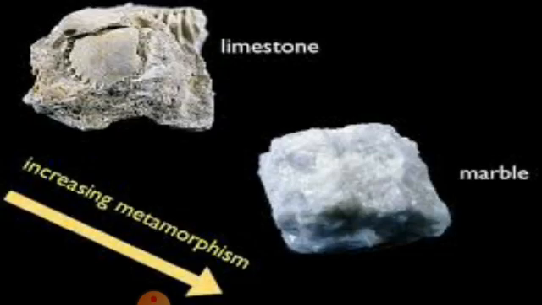See, children, here limestone is a sedimentary rock which is slowly converted into marble, whereas marble is a metamorphic rock. Marble is formed when limestone is exposed to high temperature and pressure.